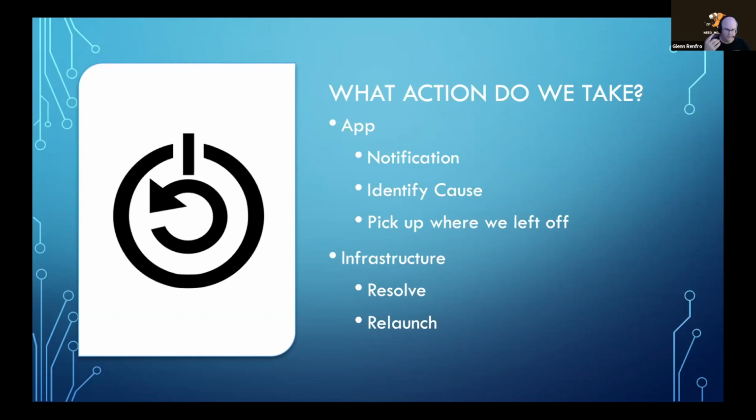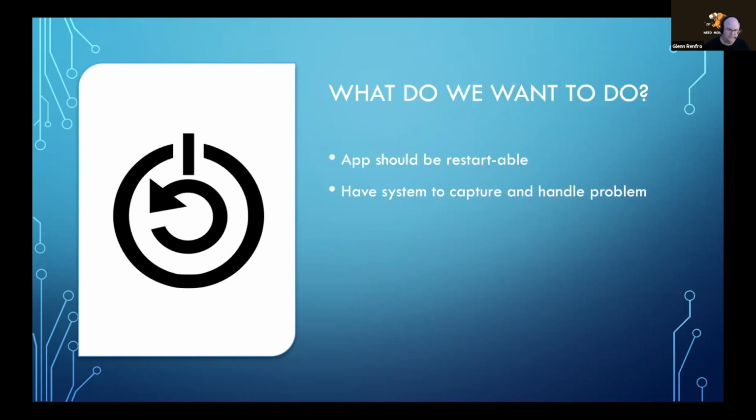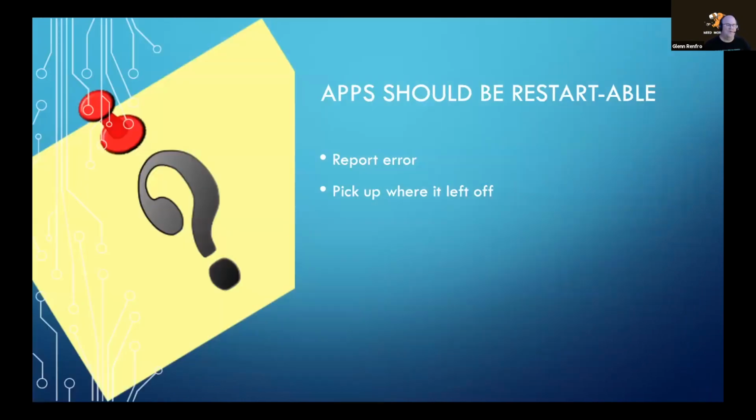So we want notifications, we want valuable information from our app, we want it to pick up where it left off, and then we want the infrastructure to actually try to resolve and retry that batch application. So what do we want to do? Basically what I said: make the app restartable and then have a system to handle that problem. Should have known I had that slide there, right? Whoops. Well, in that case, what do I mean when I say that I want my app to be restartable?